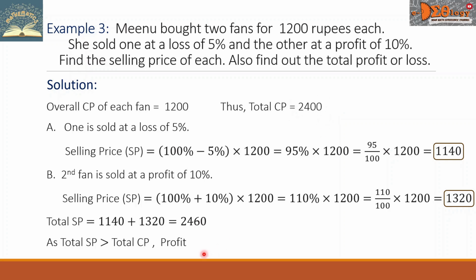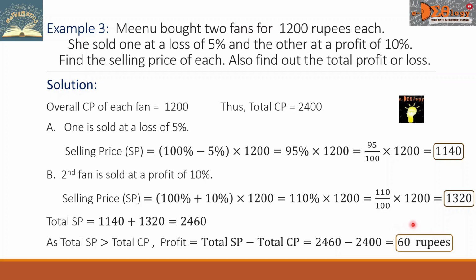That means we will get a profit. And the profit, we subtract the total SP by the total CP. So we have 2,460 minus 2,400. And the answer is 60 rupees. This is the profit.